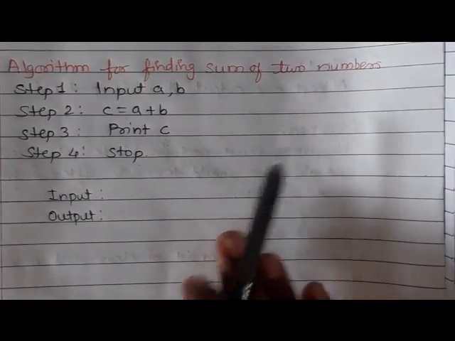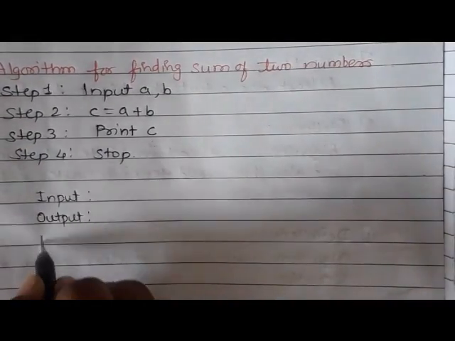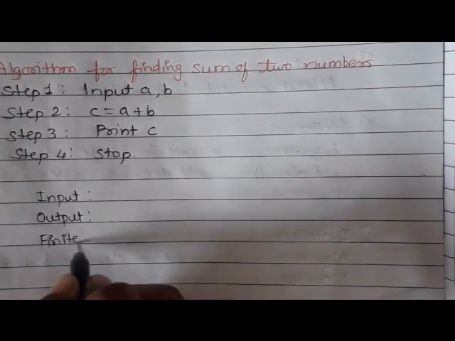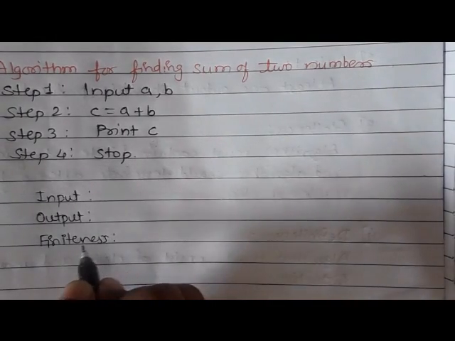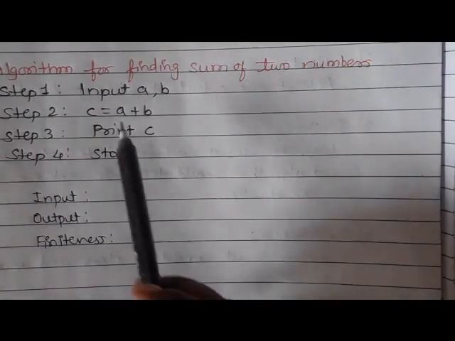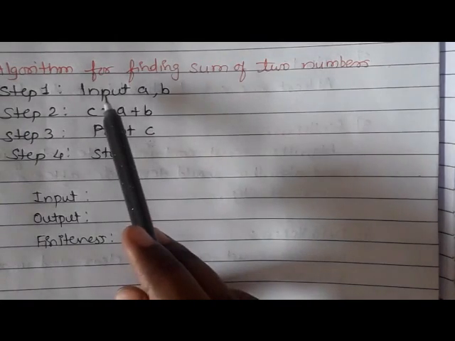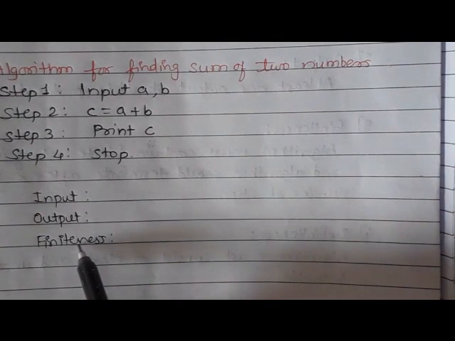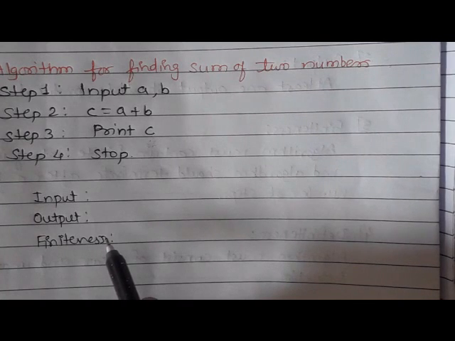The third characteristic is finiteness: after a certain number of instructions, the algorithm should terminate. Here, after a certain number of instructions, this algorithm terminates, so it satisfies finiteness.